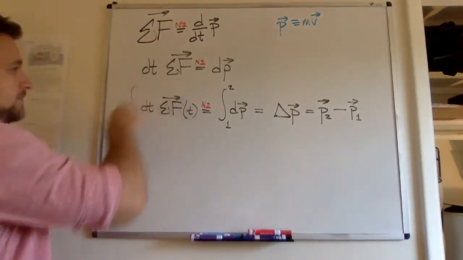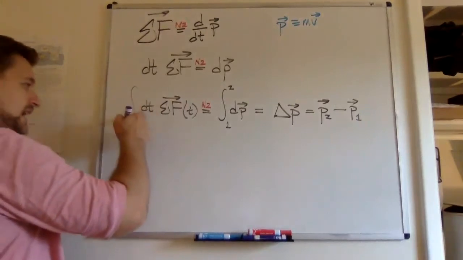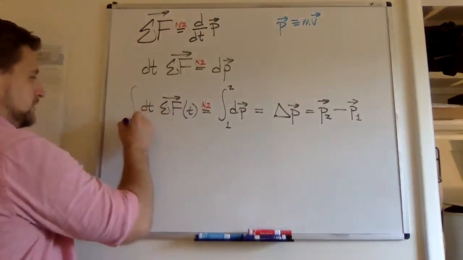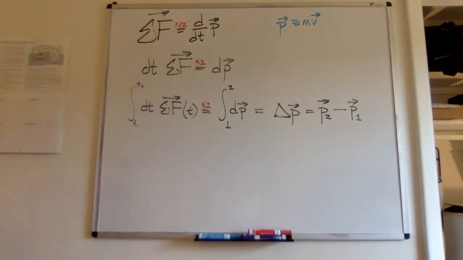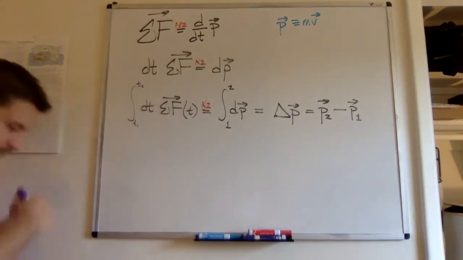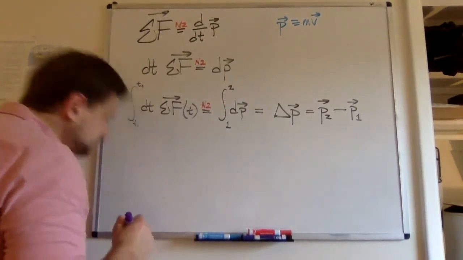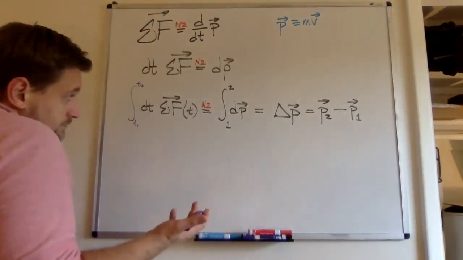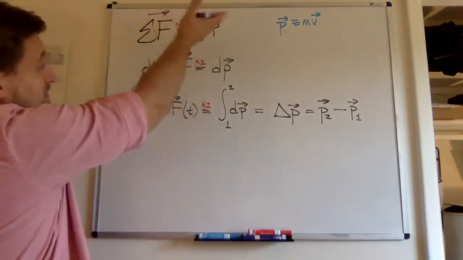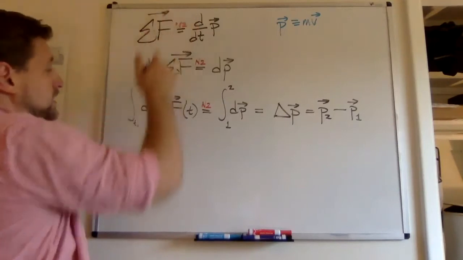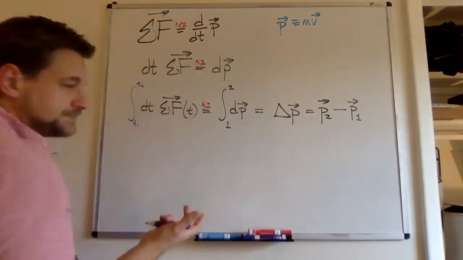This expression, the time integral of force from T1 to T2. This is Newton's second law. It's always going to look like this. So we're always going to be doing this kind of an integral.